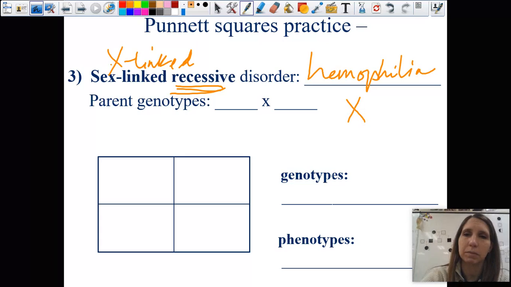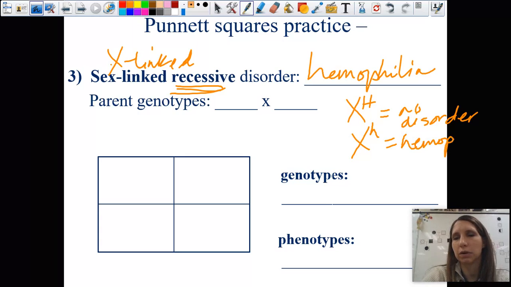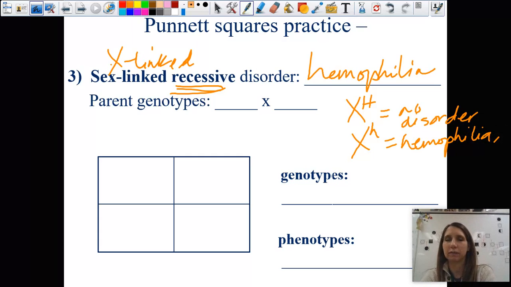X with a big H is going to mean that we have an individual that has no disorder, or you could say, again, unaffected or normal. In contrast to that, X with a little h is going to represent hemophilia or disorder or affected. Again, any of those would be just fine.